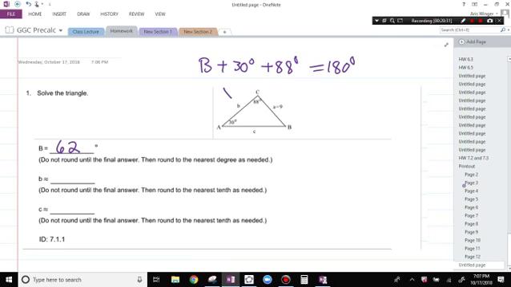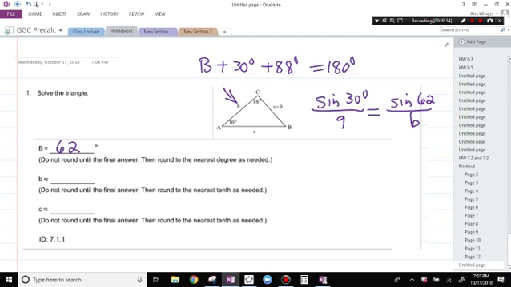We need this length right here. Well, with the law of sines, we have capital A and we have little a. The law of sines says that the sine of 30 degrees over 9 equals the sine of 62 degrees all over the thing we don't know. Now we're going to solve for B, and it's all calculated from here.